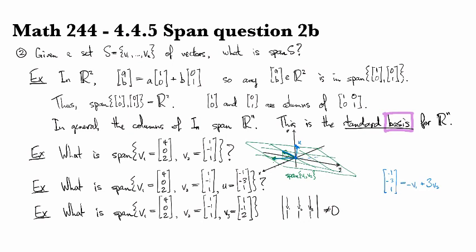And if the determinant is non-zero, that is equivalent by the characterization of invertibility theorem to saying that the system with v1, v2, v3 as the coefficient matrix times c equals b can be solved for c.